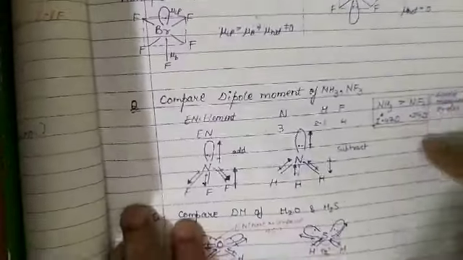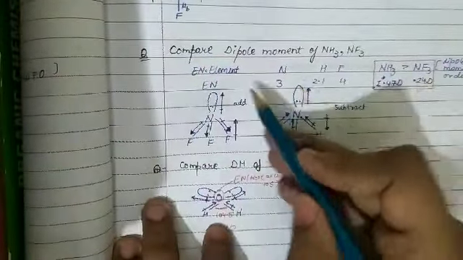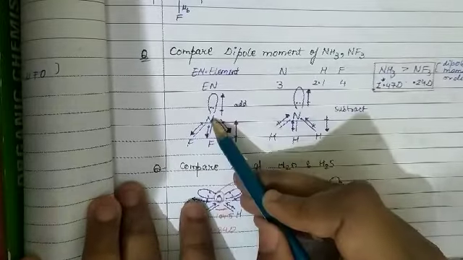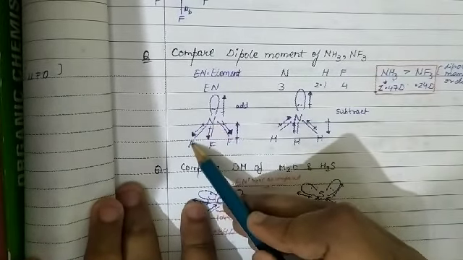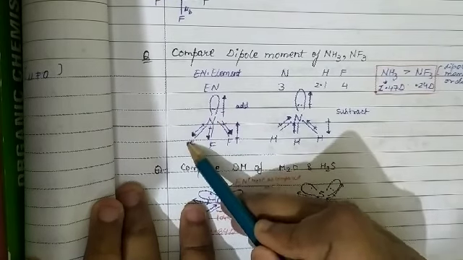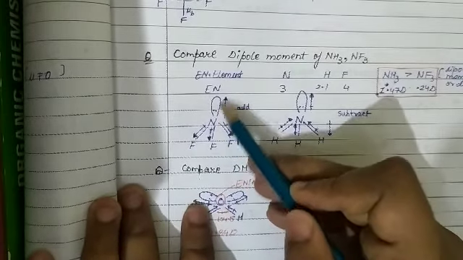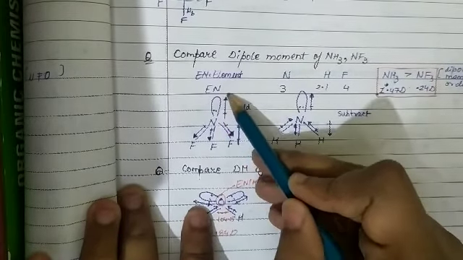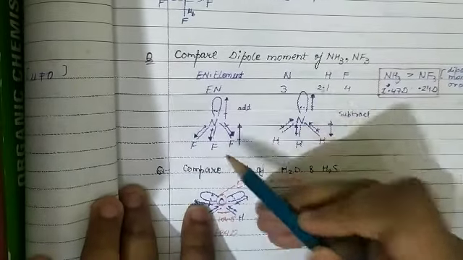See, now we have to compare the dipole moment. Now we are going to compare the dipole moment of NH3 and NF3. In case of NH3 and NF3, as we know, electronegativity of fluorine is more. So direction is from positive to negative, again positive to negative. But in case of atom and lone pair, direction is away from the atom. So these three vectors and this vector are in opposite direction.